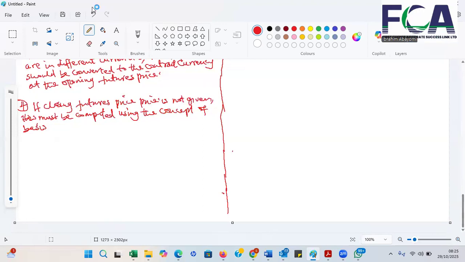The examiner may give you the closing futures price, or you may be asked to calculate it using the concept of basis. I'm not going to explain the concept of basis in this video because it's going to be a bit long. I will explain it in the next video.